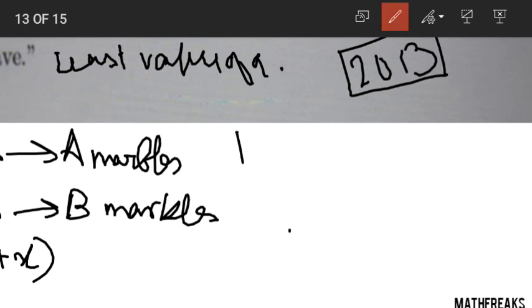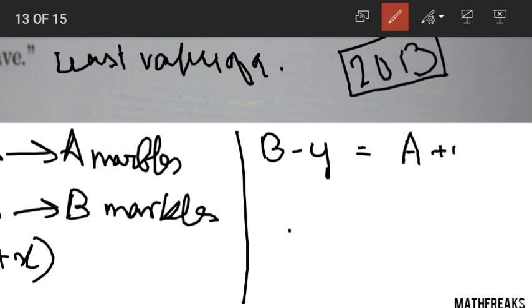Now let us move to the second statement and make an equation out of it. Birbal said to Akbar that if Birbal gives him some marbles, then Akbar will have thrice as many marbles as Birbal.